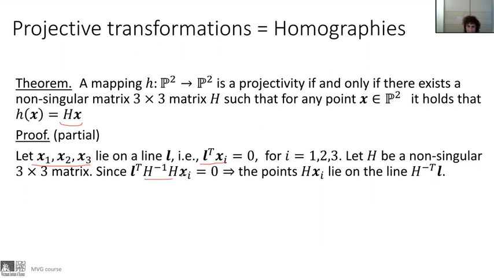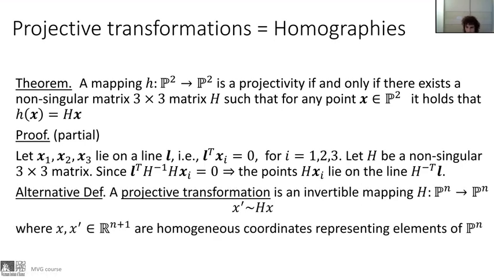And then we see that the points Hx lie on the line which is determined by l transpose H inverse, which is actually H inverse transpose times l. So this is a very simple direction. And we have shown here that any non-singular 3 by 3 matrix is a homography. Okay. In general, you can determine homography in the following way.